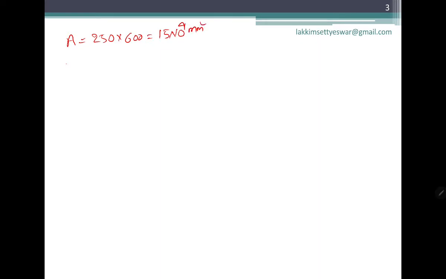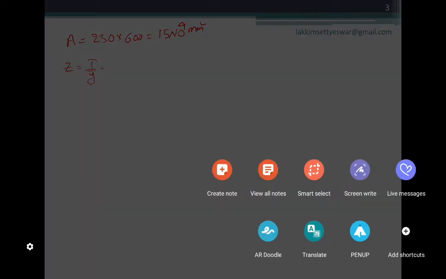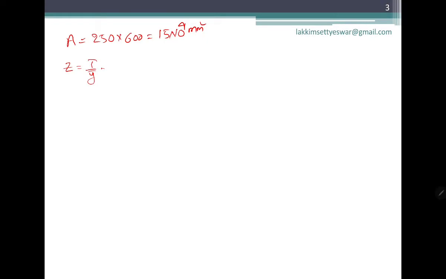Now section modulus Z is equal to I divided by Y. I means BD cube by 12, Y means D by 2, equal to BD square by 6 equal to 250 into 600 square divided by 6 equal to 15 into 10 power 6 mm cube. The units of the section modulus is mm cube.